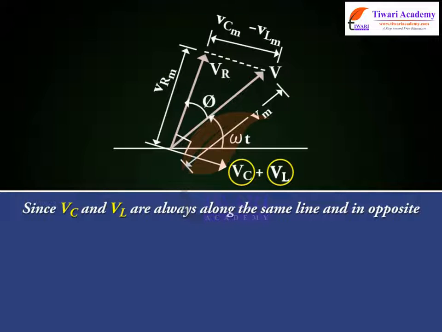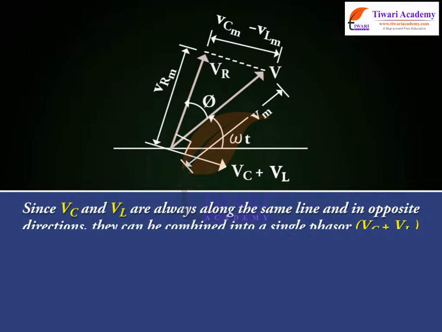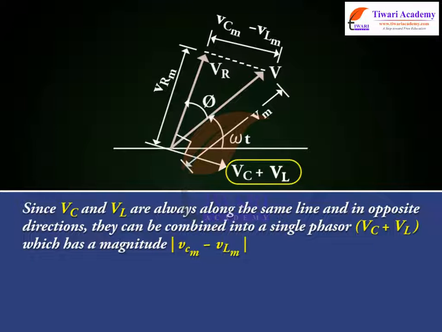Since VC and VL are always along the same line and in opposite directions, they can be combined into a single phasor, VC plus VL, which has a magnitude VCM minus VLM.